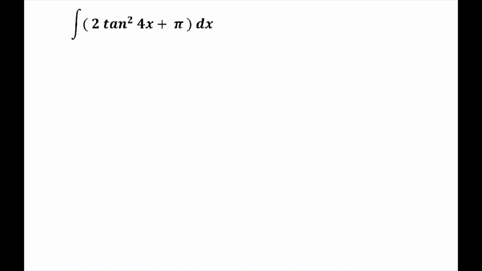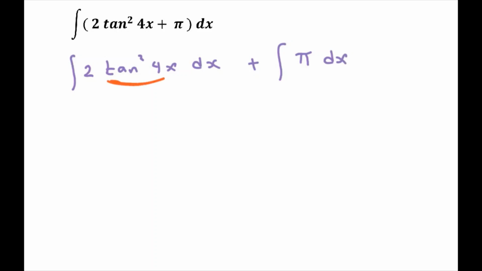The integration of 4 cosine 4t is sine 4t plus constant. Now this question, I'm going to say the integration of 2 tangent squared 4x dx plus pi dx. Now I have a problem. Tangent 4x, there's no function that the derivative of that function is going to be equal to tangent squared 4x.